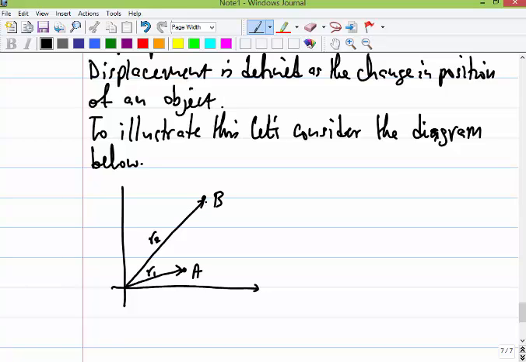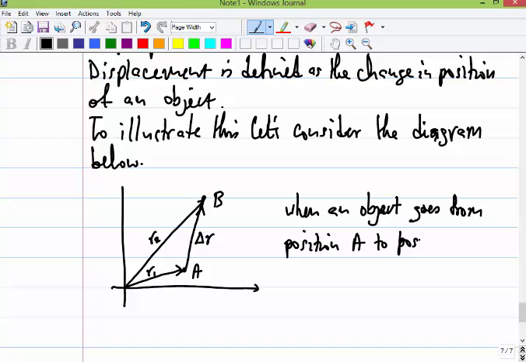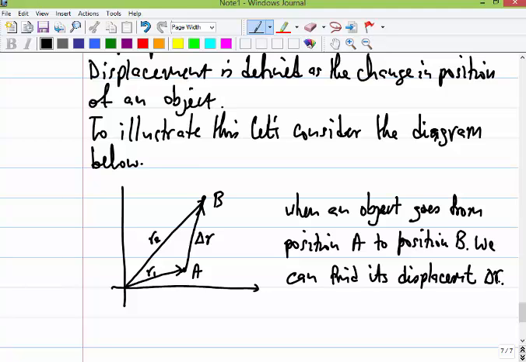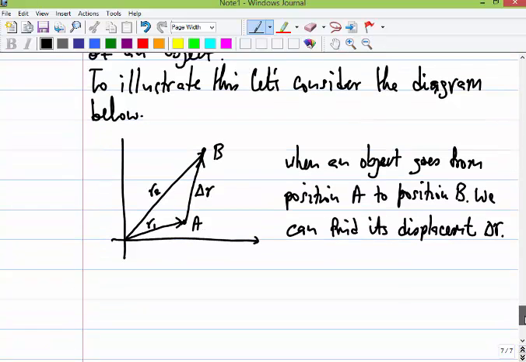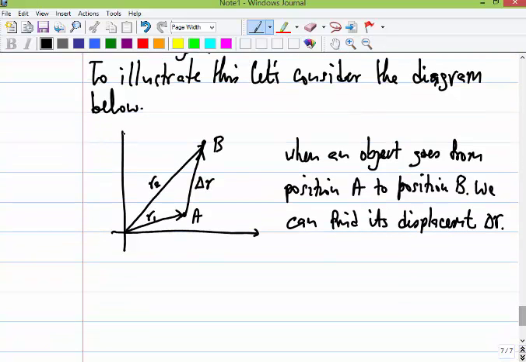So the object goes from position A to position B. So the displacement of the object is this vector here, delta R. When an object goes from position A to position B, we can find its displacement delta R. Displacement is a change in position. Let's call this Y, and that's X. And these are position vectors, so this is a vector notation.